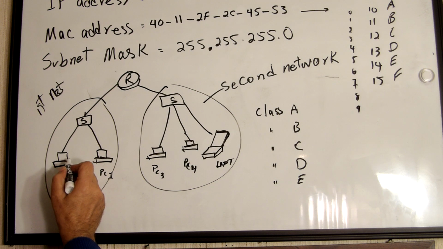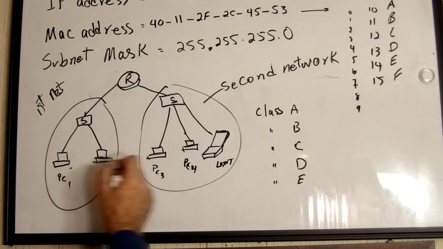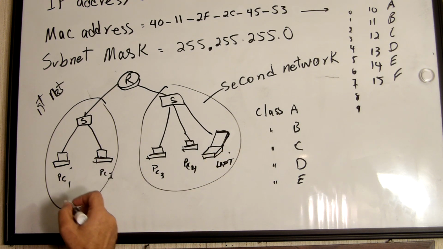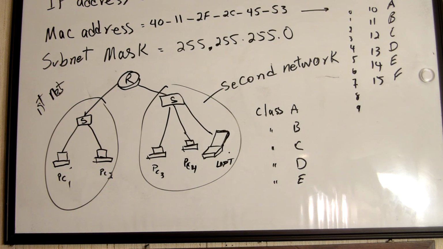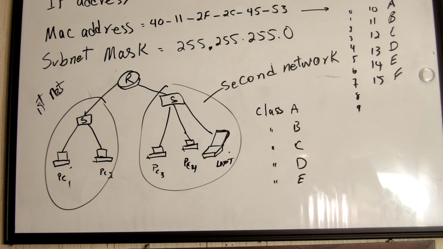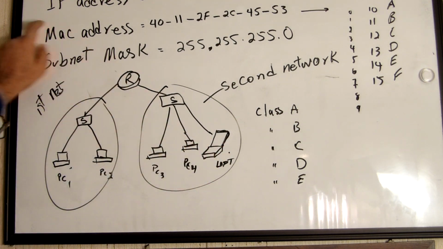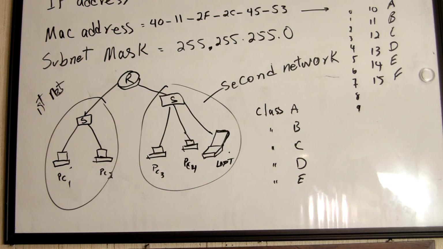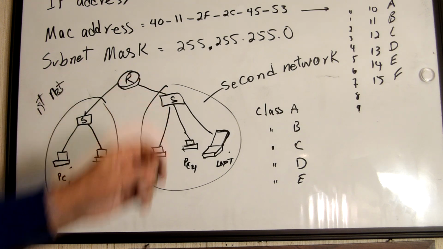If PC1 wants to send a message to the laptop here, it has to know some of this information: the IP address of this one, and the MAC address of this one.